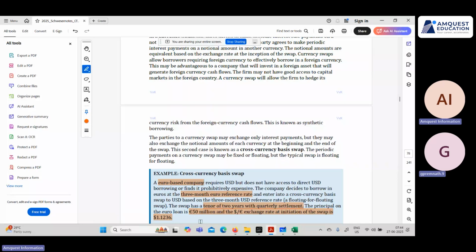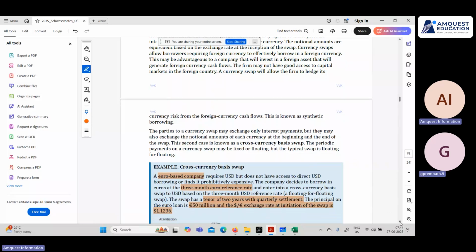In this case, they use the same exchange rate. So the Eurobank has to deliver the same notional back to the swap dealer, which is 50 into 1.1236. That is the whole thing.